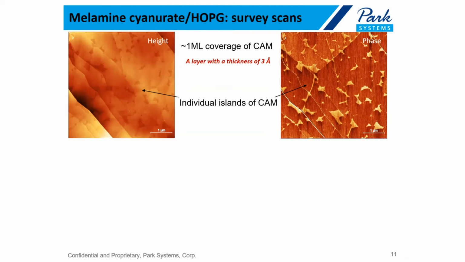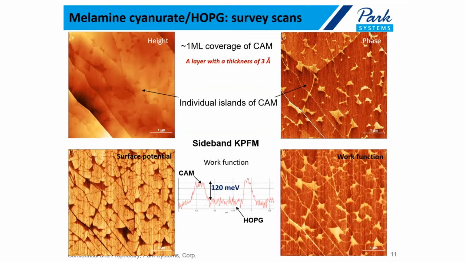Interestingly, and that's where the different modalities of atomic force microscopy help scientists. We can use Kelvin probe microscopy and our version of a sideband frequency modulated KPFM, where we could resolve domain boundaries within those layers.